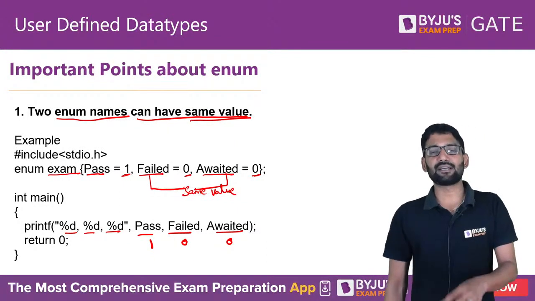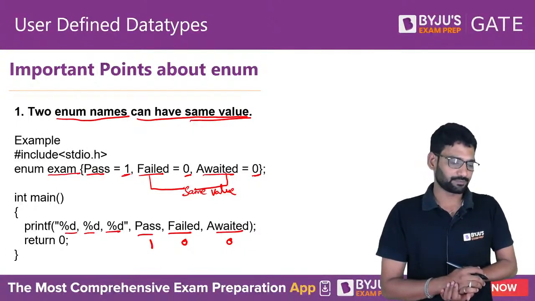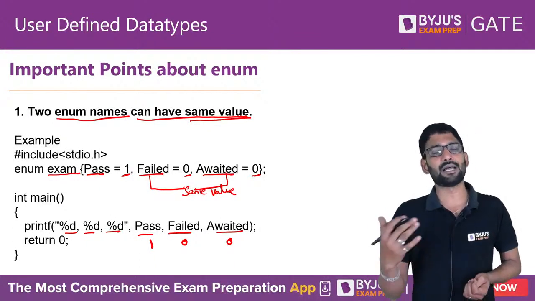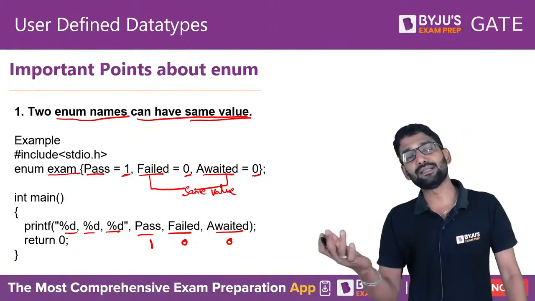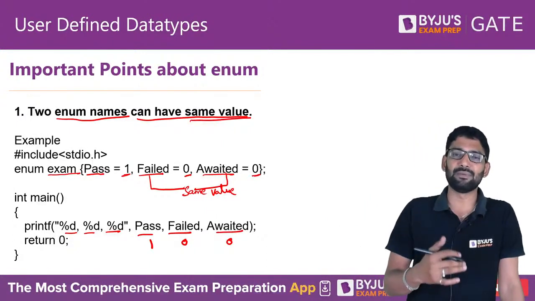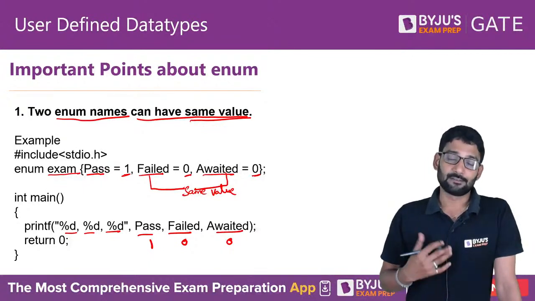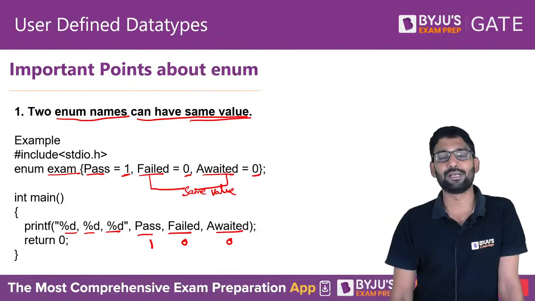Why is failed taking 0? Because it is explicitly assigned a value. If you don't assign any value for failed and awaited, automatically it would be taking 2 and 3, because pass is 1, so failed would be 2, awaited would be 3. But we have assigned the value explicitly, so that value would be taken.